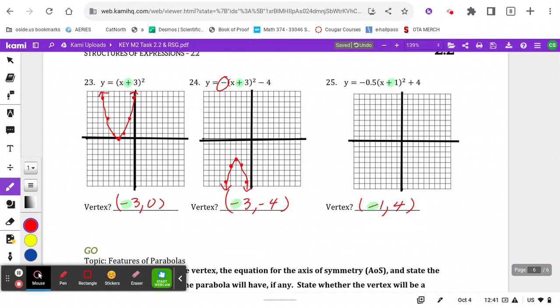And finally, left 1, up 4 is my vertex. This has a downward stretch of a half. Out 1 is going to go down only half of 1. Out 2 would normally be down 4, so we're going to go down half of 4. It's a wider graph than our original parent because it's only going half as fast.